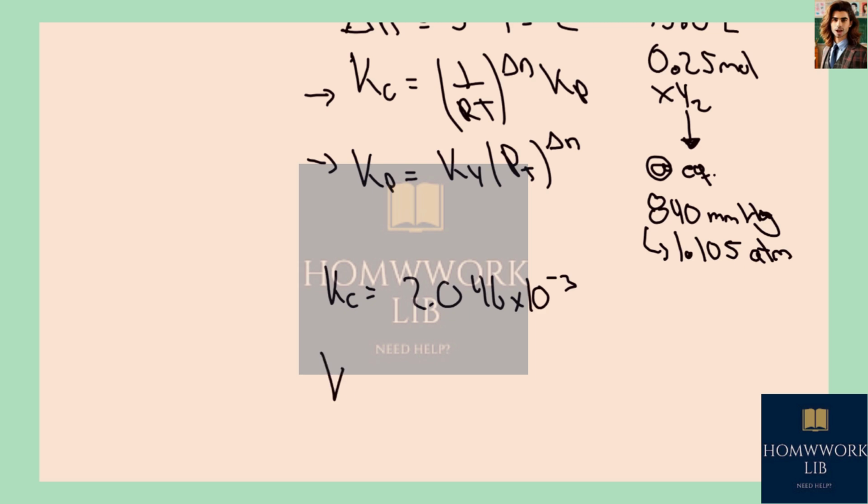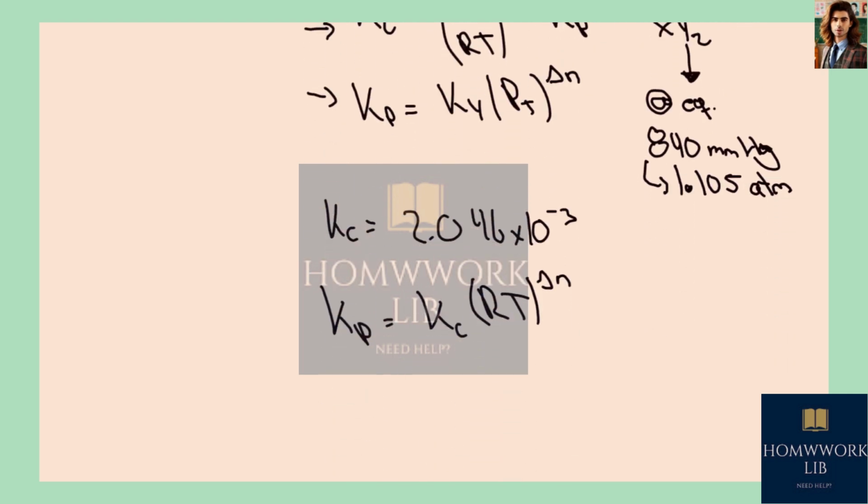We can proceed with the calculation of the other two quantities employing this part over here. We know that Kp will be equal to Kc times RT to the delta n. We said that the value for delta n in this case was going to be equal to 2. So we get the value of RT. We're going to employ liter atmosphere since we are using that as reference for all of the cases that we had. So 0.082 liter atmospheres over mole Kelvin. The value in Kelvin is going to be equal to 300.